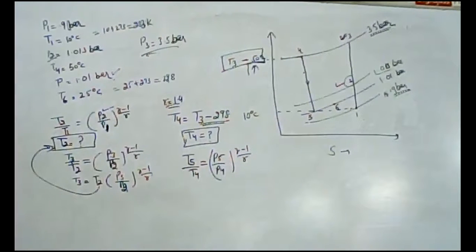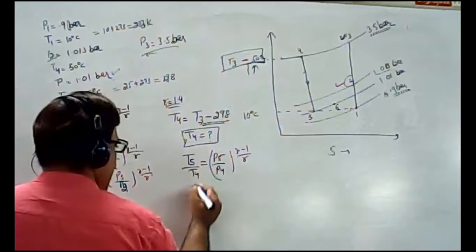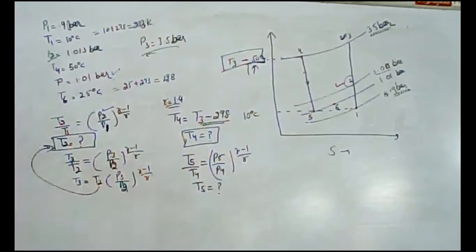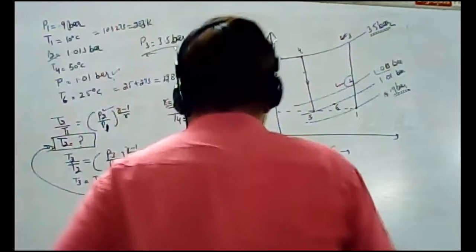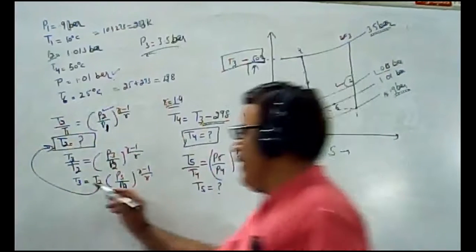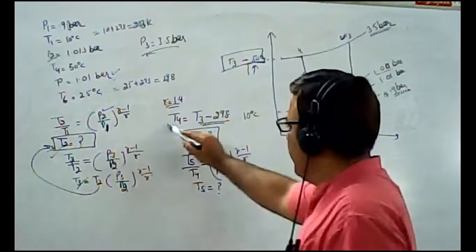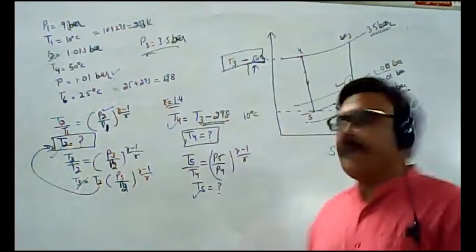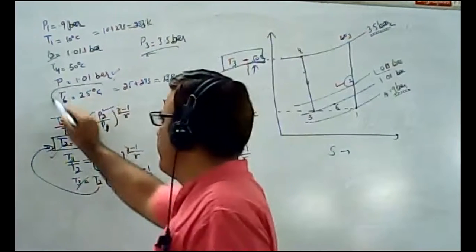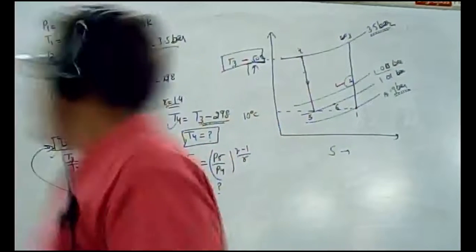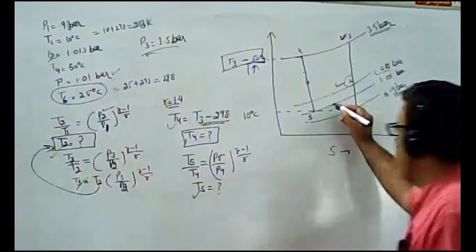Okay, so you simply put the values over here and find the value of T5 from this equation. So this means you have calculated all the values T2, T3, T4 and T5. T6 is already given. Look at here, T6 is already given in your statement.